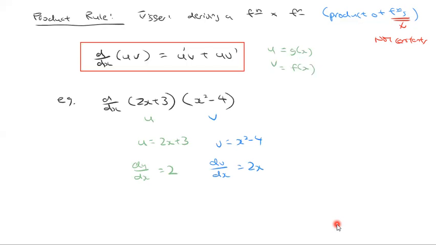And then applying the product rule, you would then say dy/dx is, well, u, which is 2x plus 3, times 2x, which is your dv/dx, or v dash, and then swap them around, plus 2 times x squared minus 4.